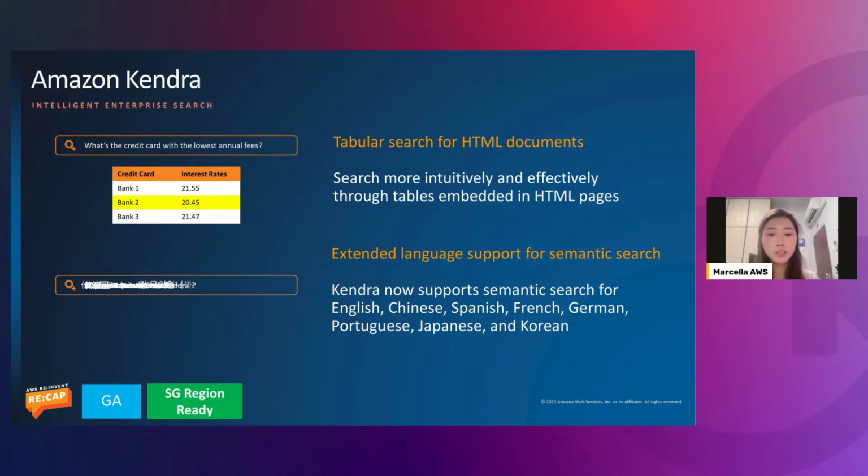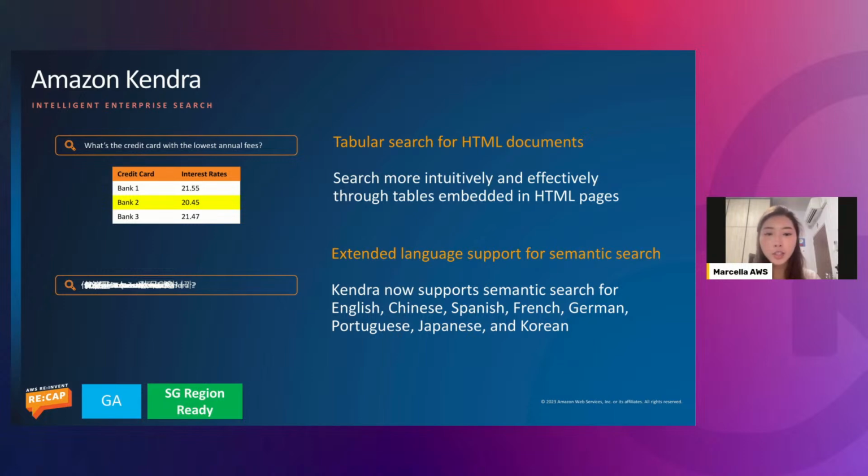So for example, as you can see in this table on the slide, it can answer a question like which credit card charges the highest interest rates. And tabular search works out of the box on a range of HTML table formats and domains, and there is no setup or additional configuration needed. You just need to input your search on Amazon Kendra.